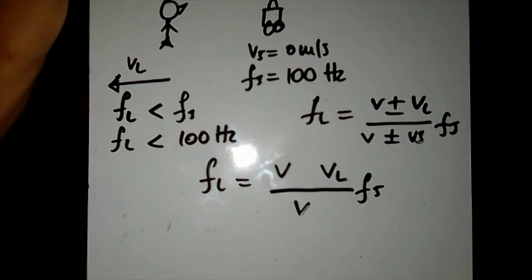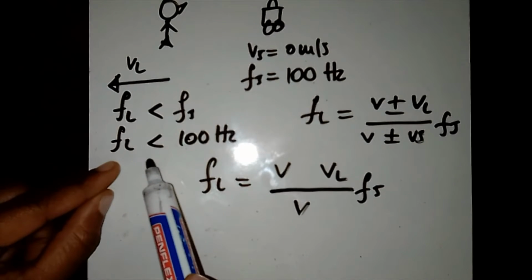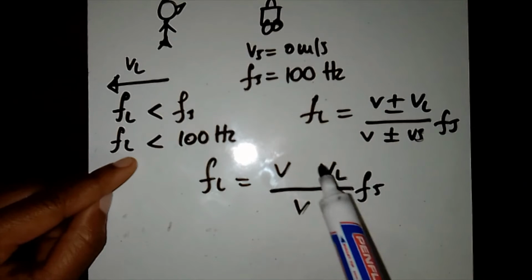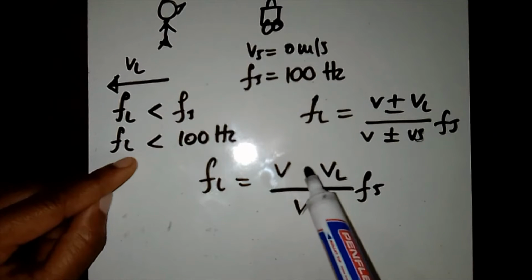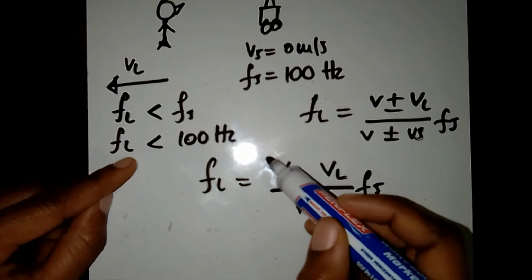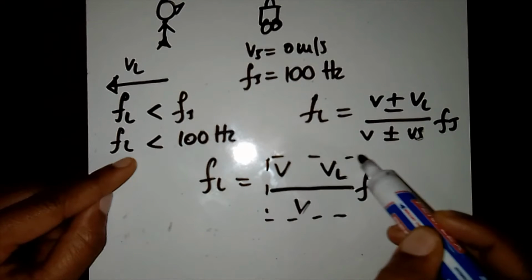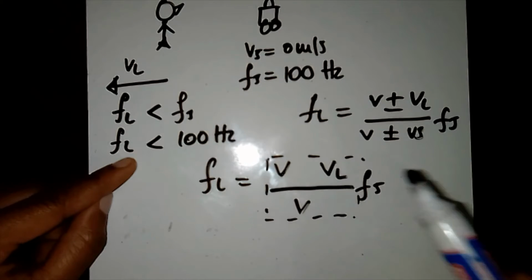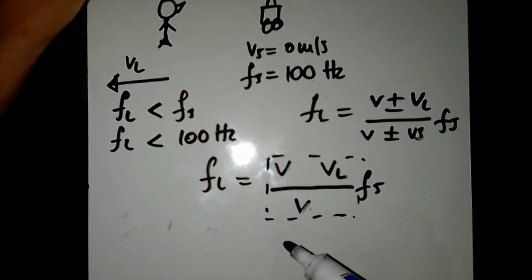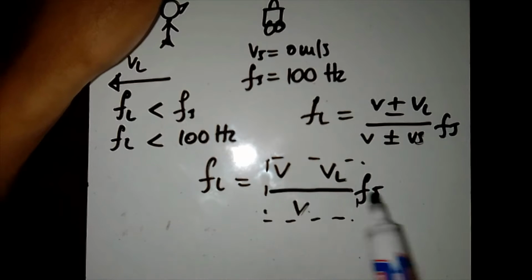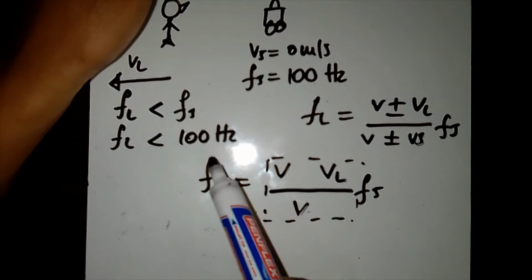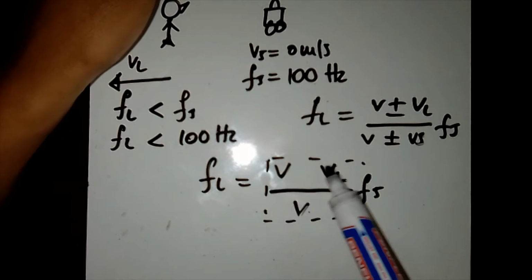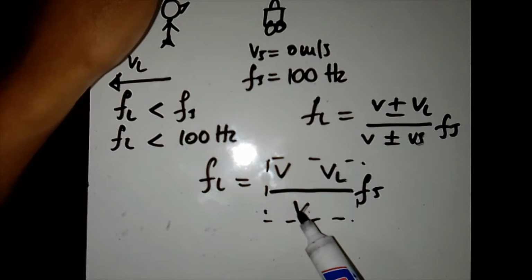So now we can agree that for FL to be less than FS, the value in the numerator, the value at the top, has to be smaller. You consider this to be like a fraction. This part on top is the numerator, this part at the bottom is the denominator. For FL to be less, the value on the numerator must be less than the value in the denominator.